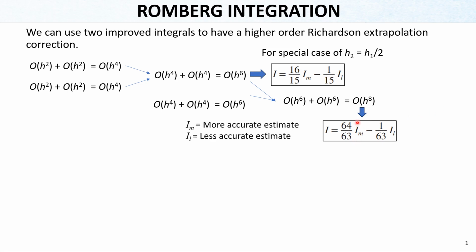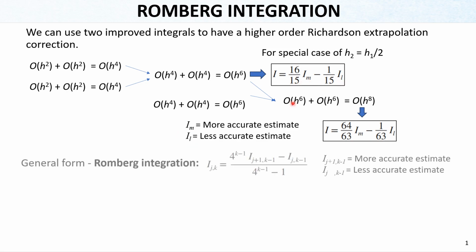In these, M and L are the more accurate and less accurate estimates you can think of. So from this pattern, we can generate a general form for Romberg integration, and this general form is defined like this. k is the iteration, with 4 to the power k minus 1 times I(j+1,k-1) minus I(j,k-1), where k minus 1 is the previous iteration, divided by 4 to the power k minus 1 minus 1.